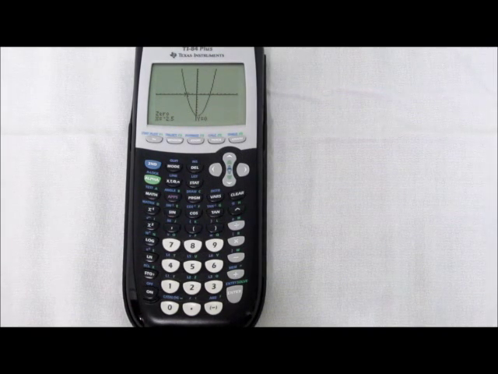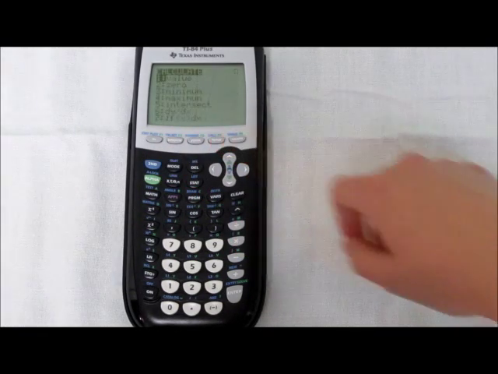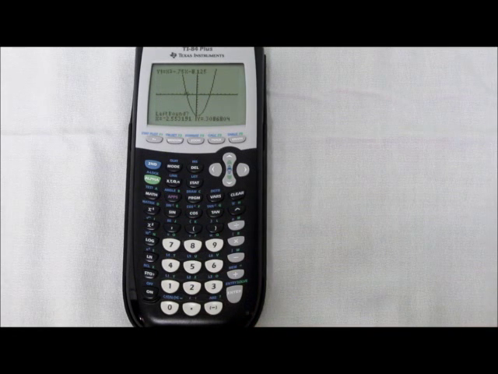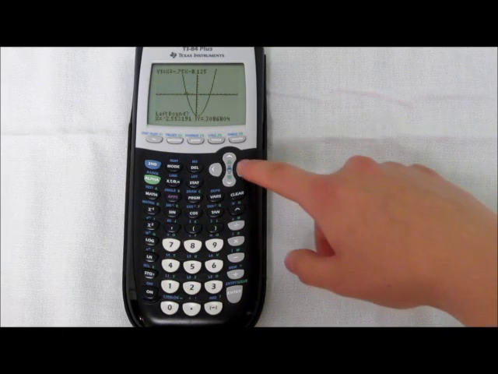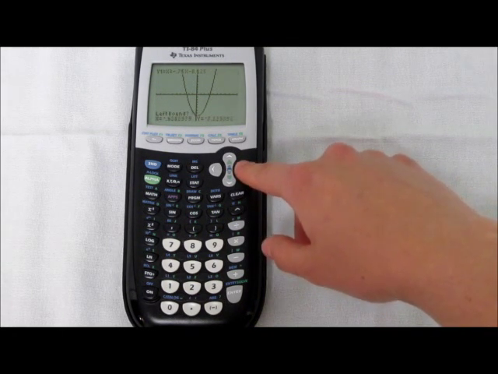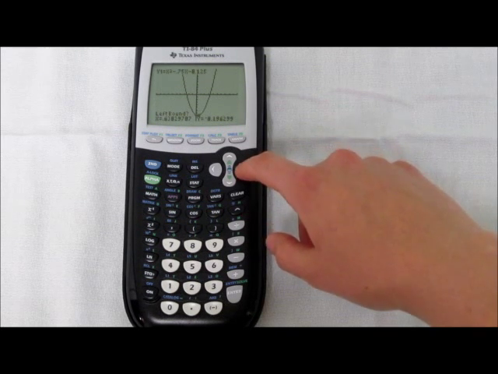However, there's also a second solution, a second 0, a second place where the graph crosses the x-axis. To find this one, we again press second trace, option 2 to find the zeros. Our left bound is somewhere about here, so that it's far away from the 0 we're not interested in.